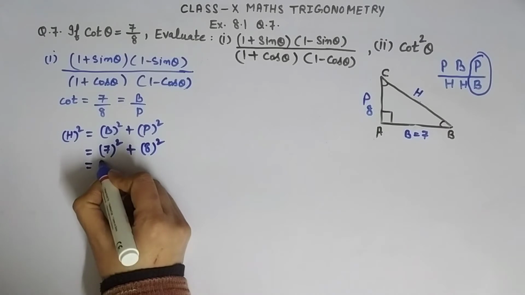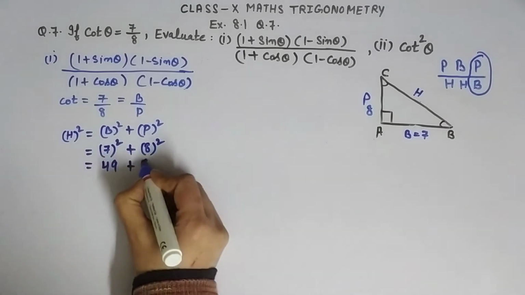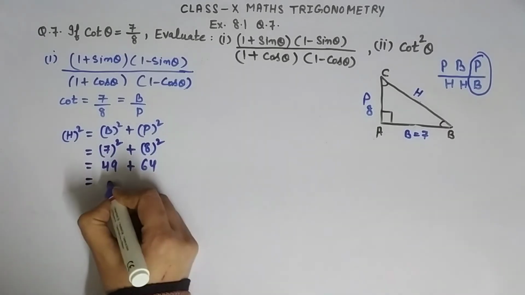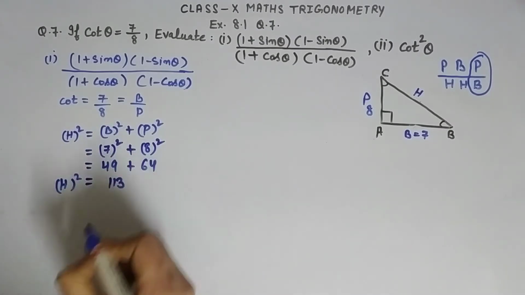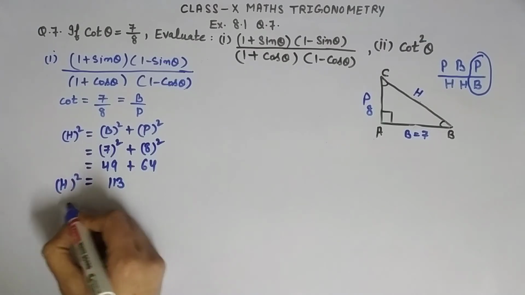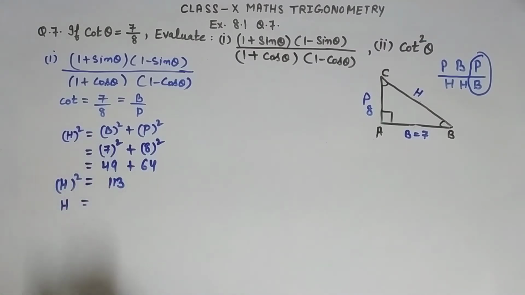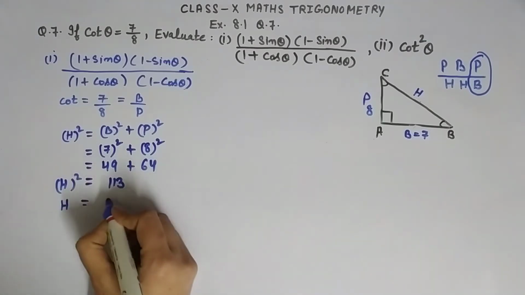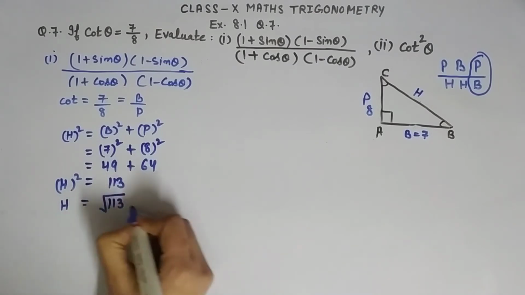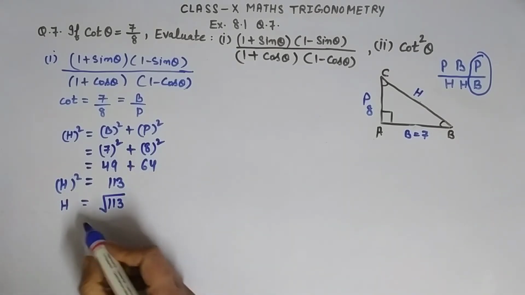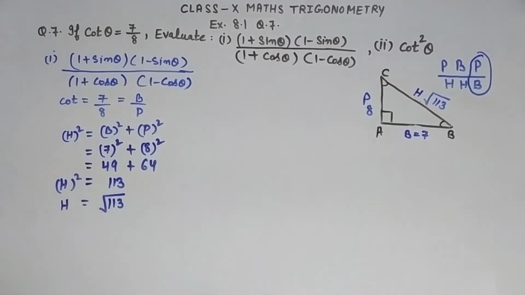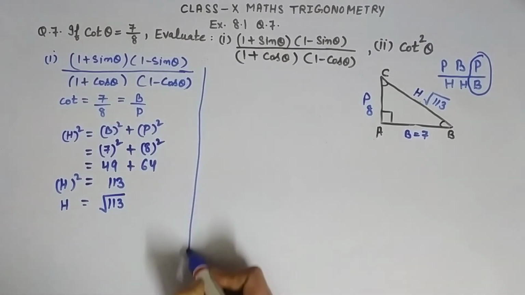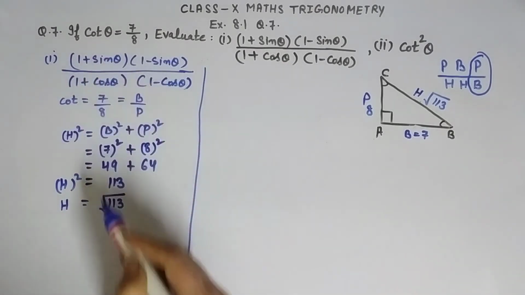By solving, we have 49 plus 64 is equal to 113. So h square is equal to 113. So h is equal to, square will change into root on the other side of the equation, root 113.